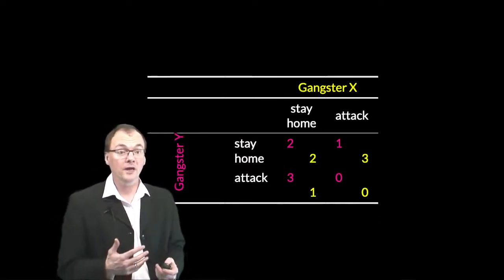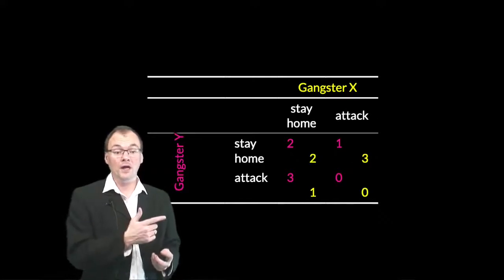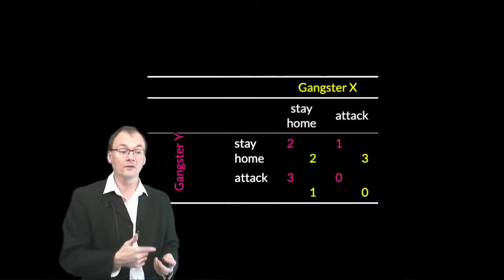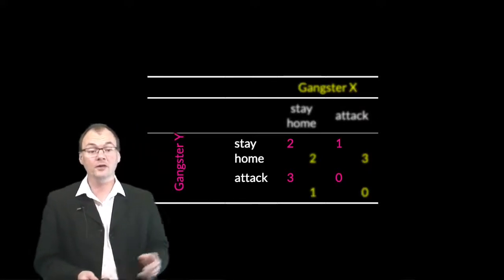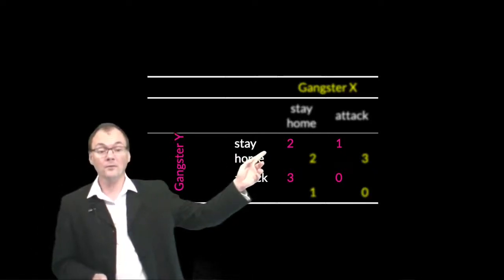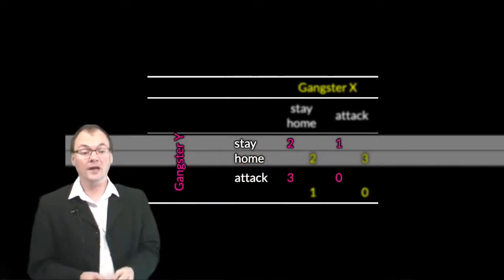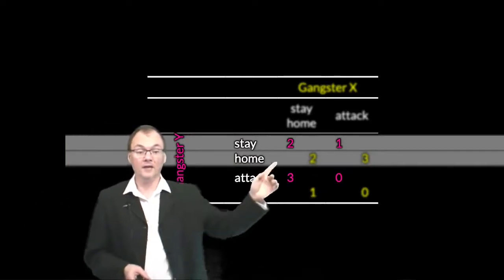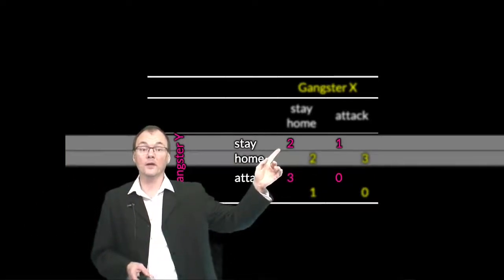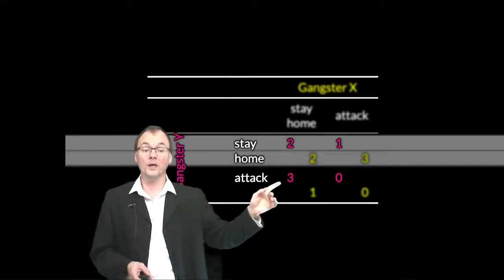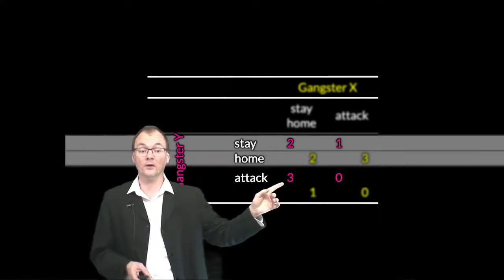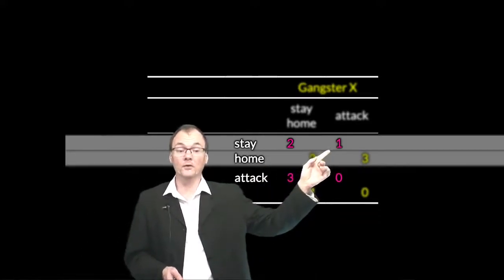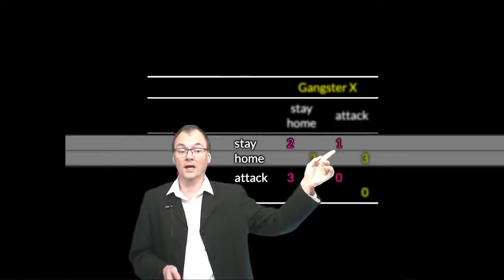What you notice here is that there is no action for gangster Y or for gangster X which dominates the other. So let's take a look. Here's gangster Y. Gangster Y could decide to stay at home. In that case, she is slightly worse off than she would be if gangster X had also stayed at home, but slightly better off than if gangster X had attacked.